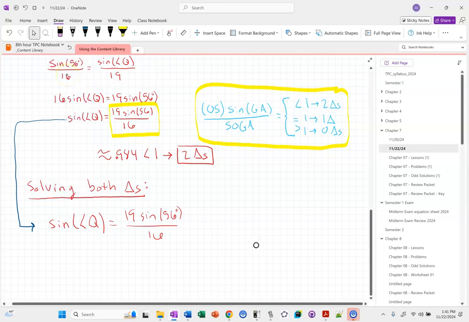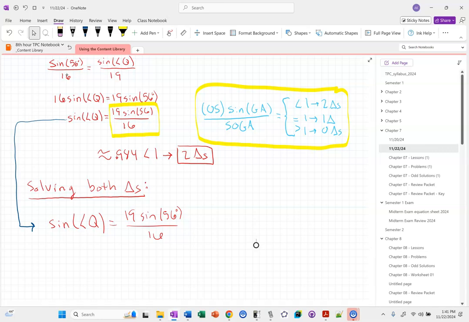And now I need to get that angle Q out from being trapped inside of that sine, right? How do I get that angle Q out of there? How do I get rid of that sine that's stuck on the front? Nope, because sine isn't a number, so you can't divide by it. It's going to cancel that sine out of there.